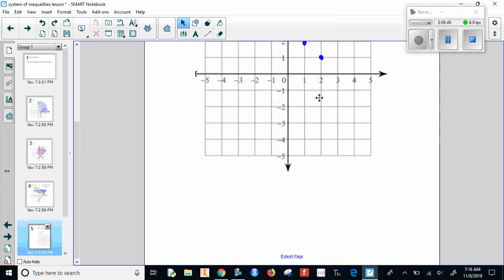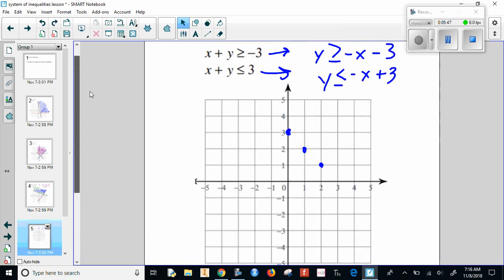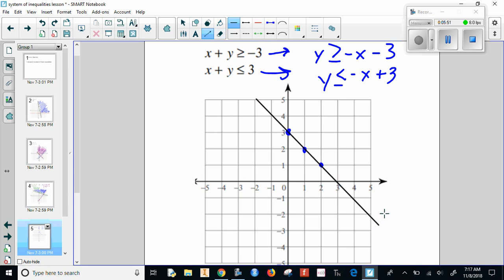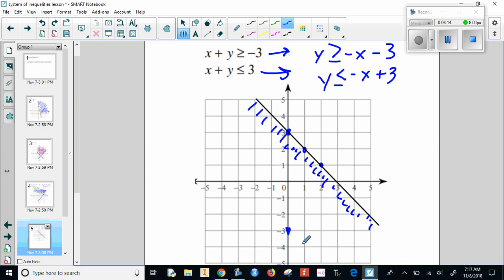Oops, that's not what I wanted. Get this back. And there we go. And this should be, oh, that one is the bottom one, so that one's going to be less than. The second one, we have negative x minus 3, and then down 1 over 1 like this.